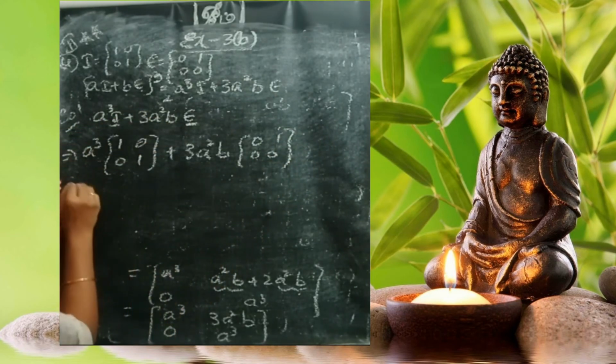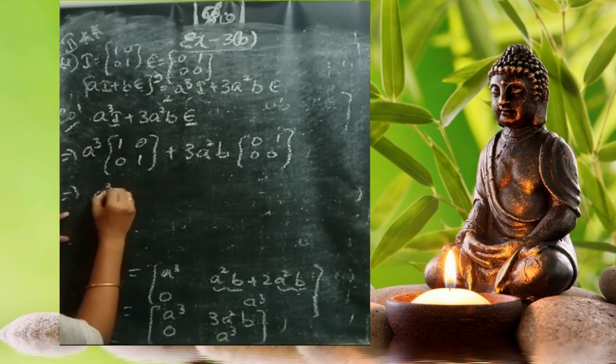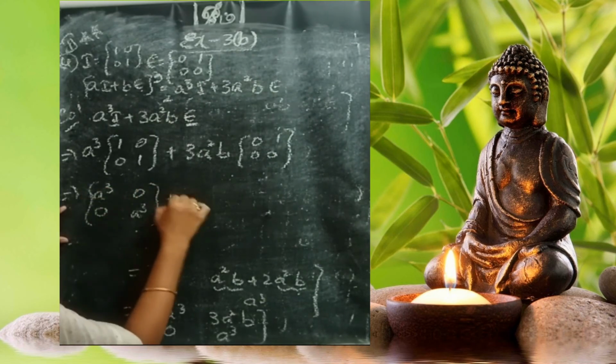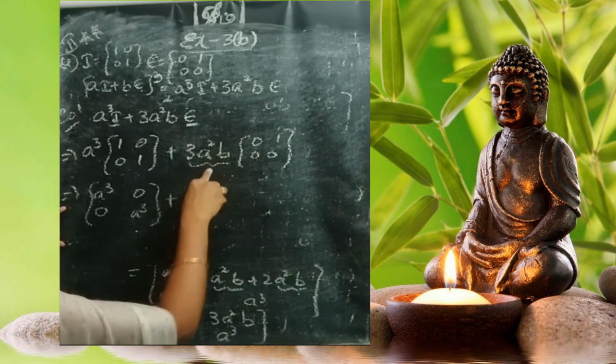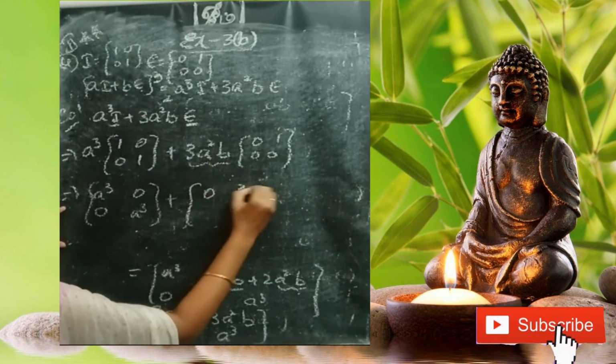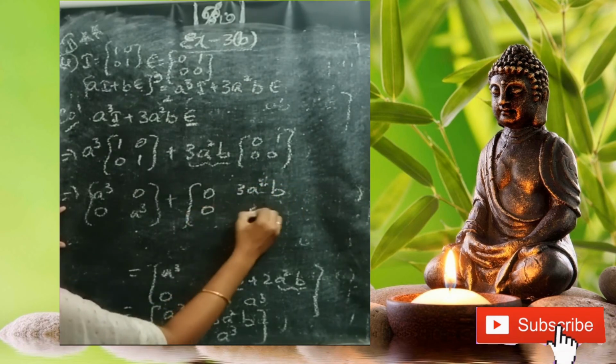Very simple. You have to multiply for this. A cube 0, 0 A cube, plus all terms with this E: 0, 3A square B, 0, 0.